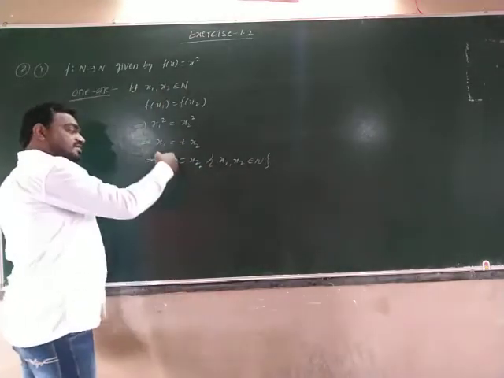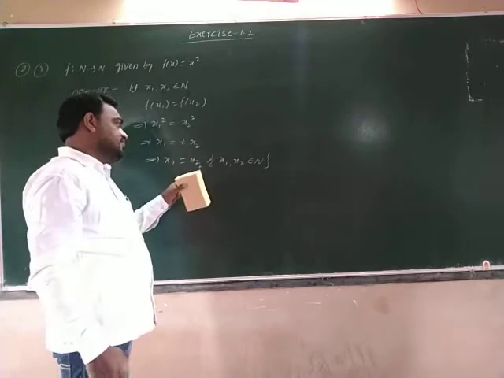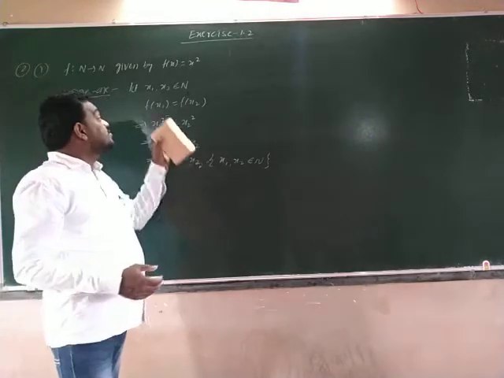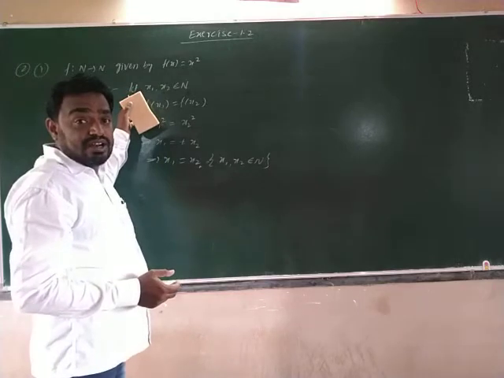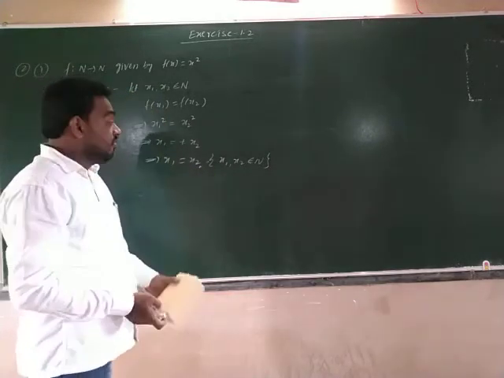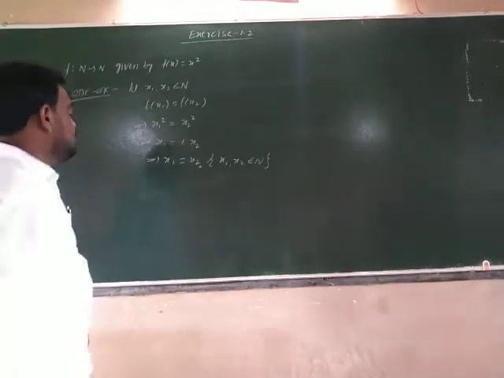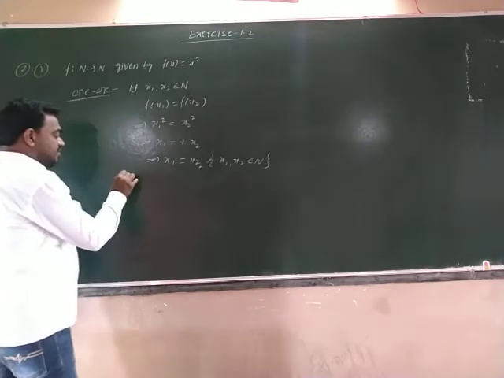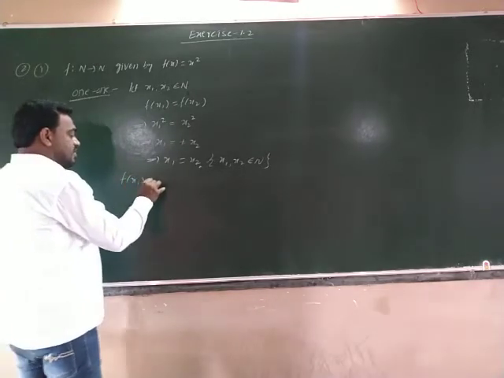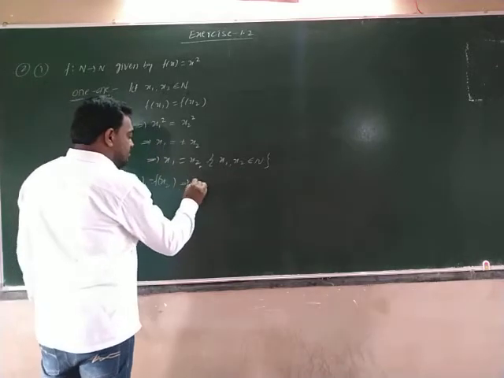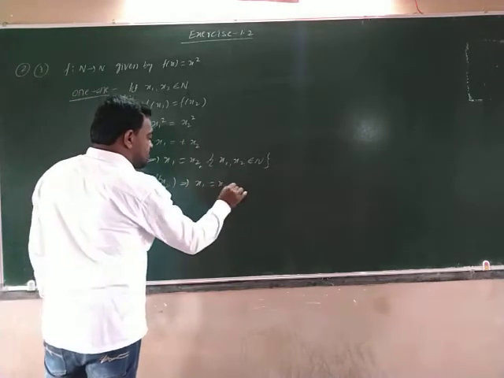If it is whole numbers, or if it belongs to Z, or R, or Q, definitely we are writing plus or minus. So x1 is equal to x2. That means what we assume here, f of x1 is equal to f of x2, we assume. But what we got, x1 is equal to x2.